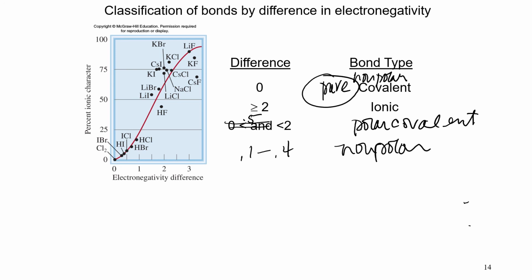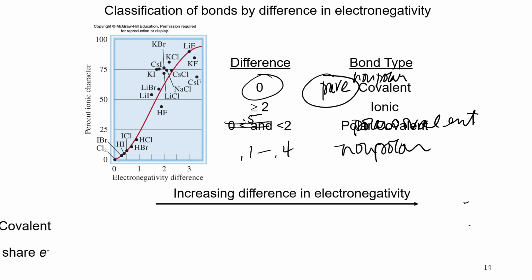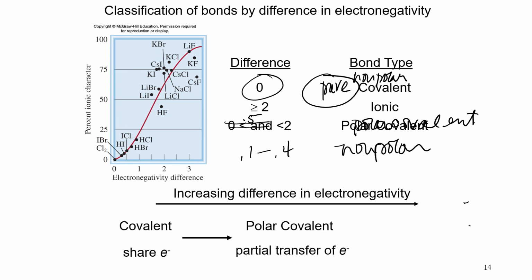Pure nonpolar covalent would be zero difference in electronegativity. So there's not a real transfer here, so I don't like those words, but the electron density is greater around one of the atoms.